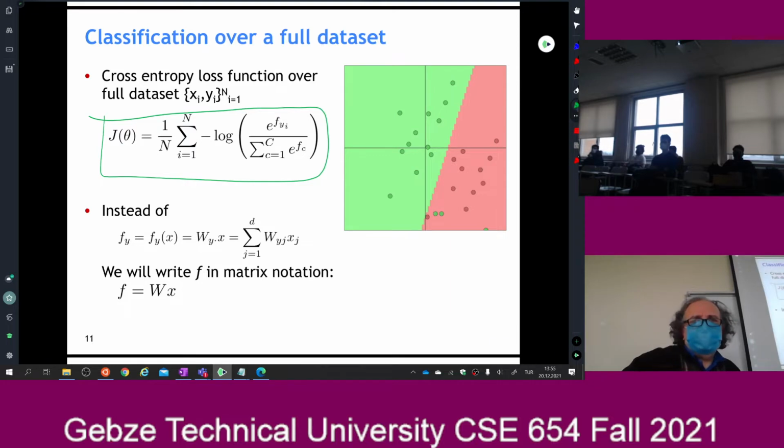Negative log definitely helps, but that's not the reason. I'm trying to ask the difference between the loss function and the classification function.